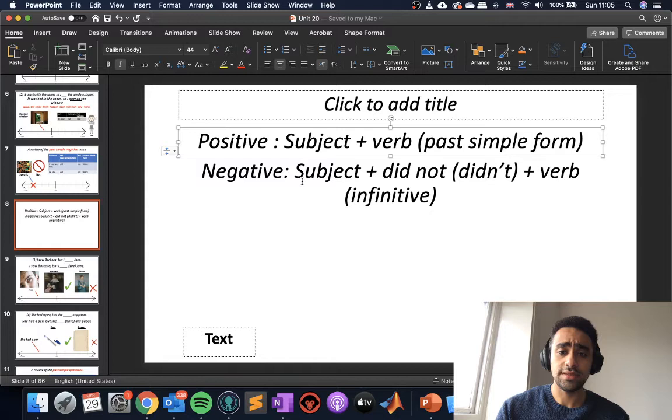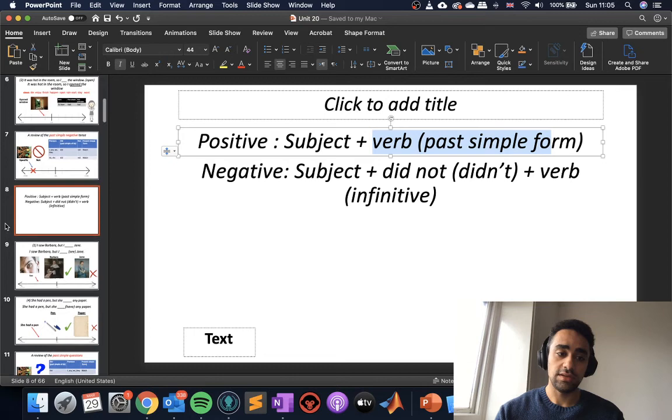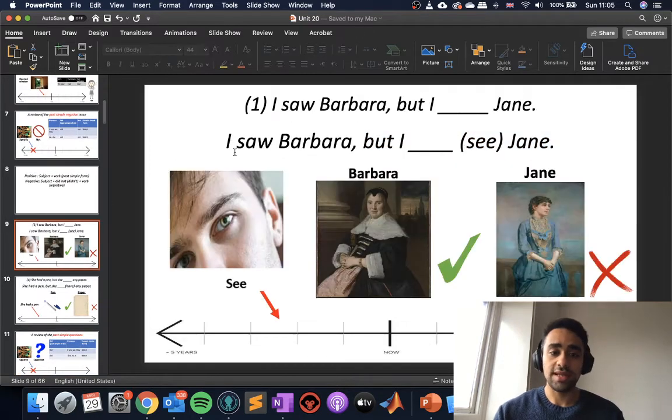So that's for all pronouns, for everything, we don't change the verb. In the past simple, we don't change between, let's say, he and they, and in the negative, we use didn't with everything. So I didn't, they didn't, he didn't, she didn't, you didn't, and so on and so forth.